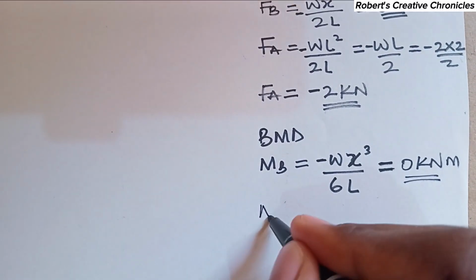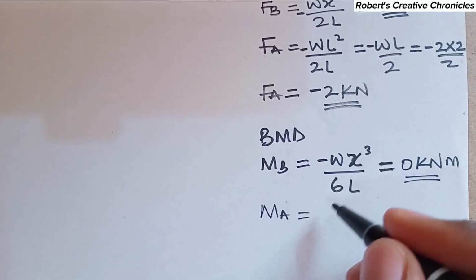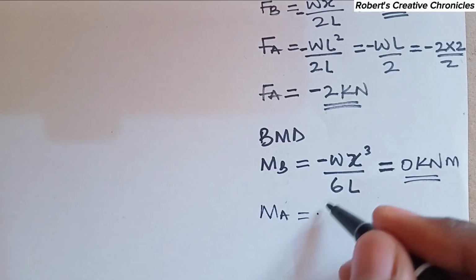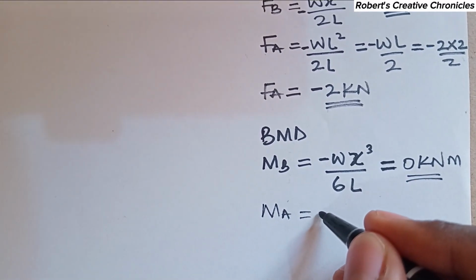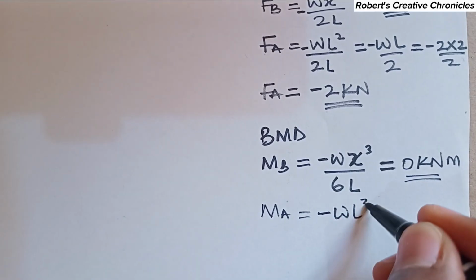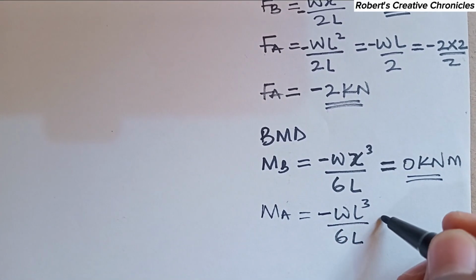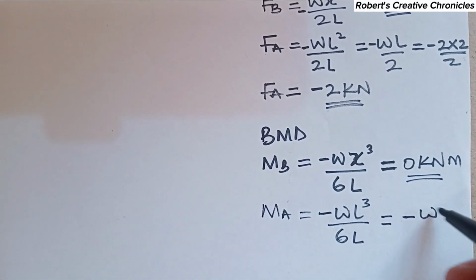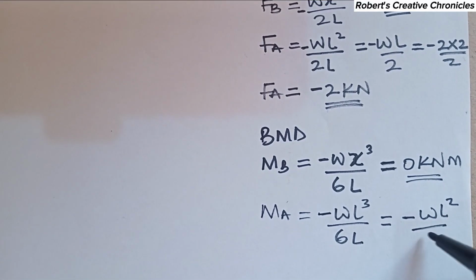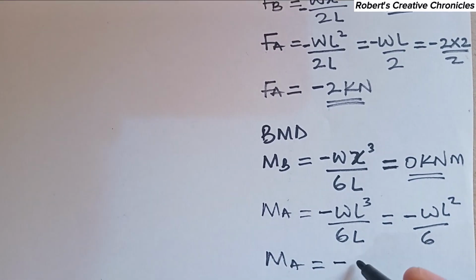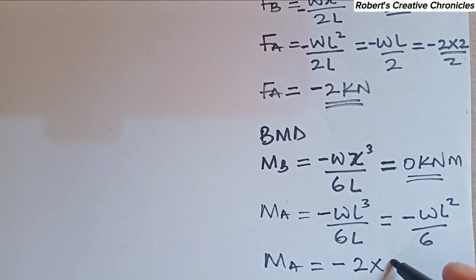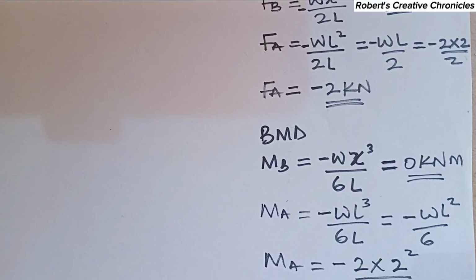Now, the bending moment at point A is also given by this equation, but X equals L at point A. So it's negative WL cubed over 6L. So it becomes negative WL squared over 6. So MA is what? Negative 2 times 2 squared over 6.